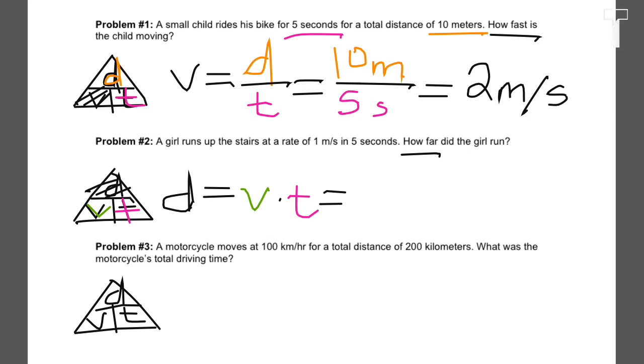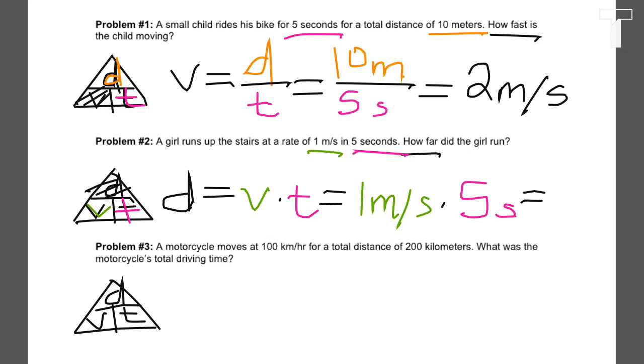So the speed is the rate, and that's 1 meter per second, times the time, which was 5 seconds, and I see that here. So we have 5 seconds and 1 meter per second.